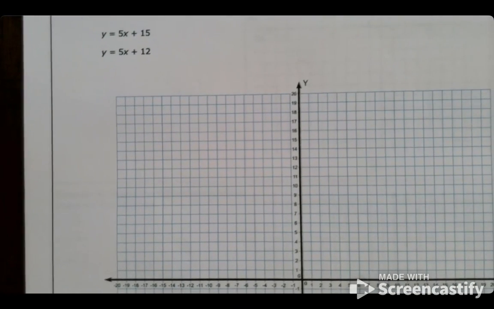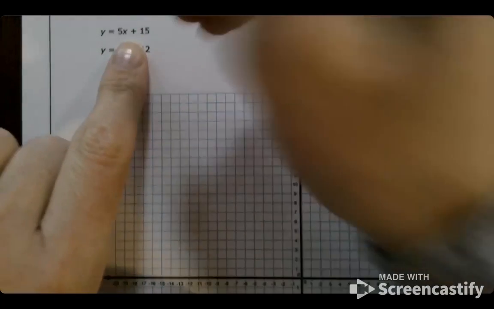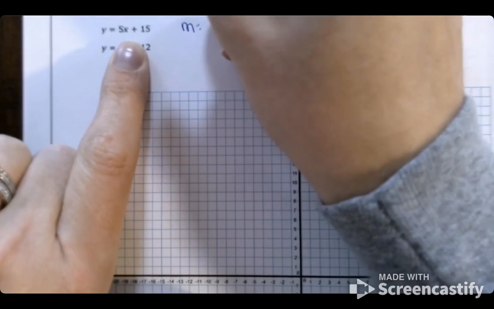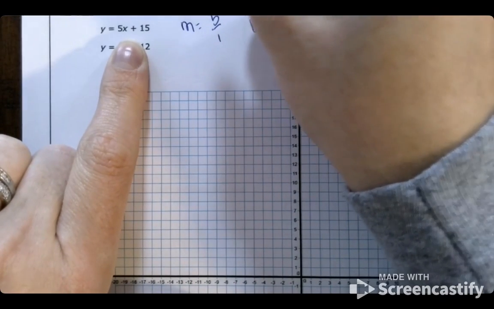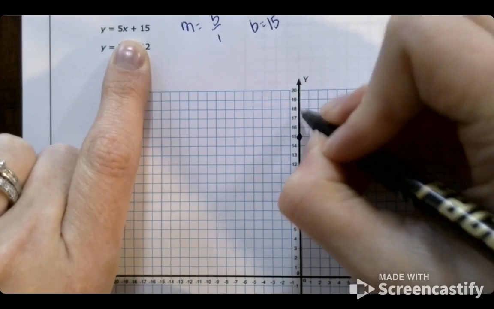All right. I want you to plot this one and then tell me the answer. Welcome back. So for this one, M was 5 or 5/1 and B was 15. So we were here.